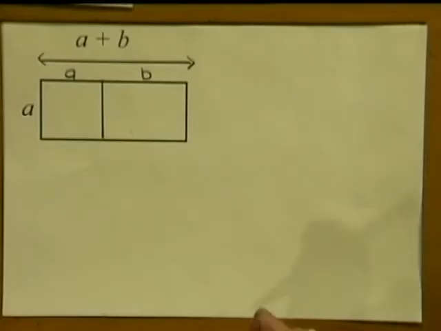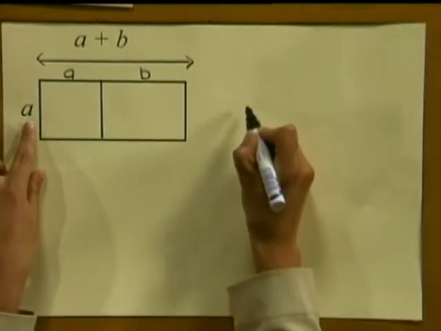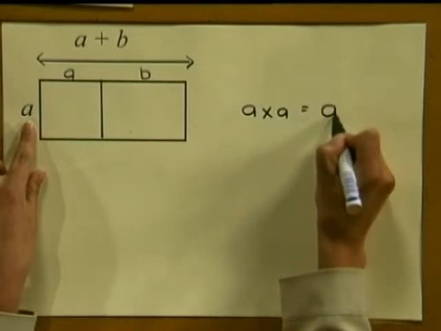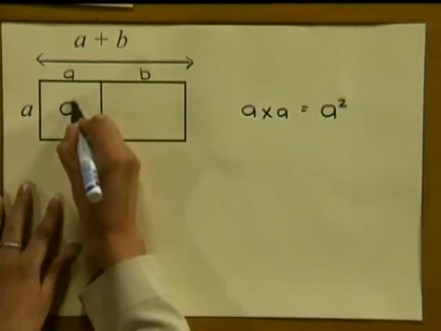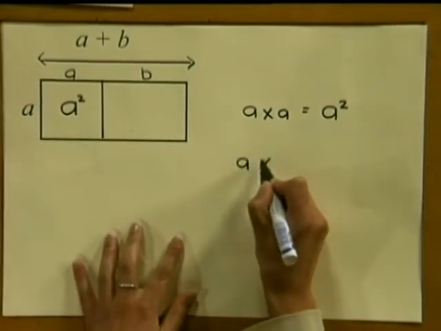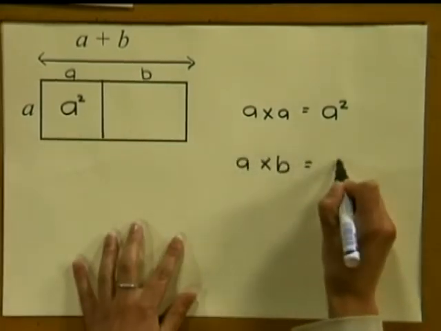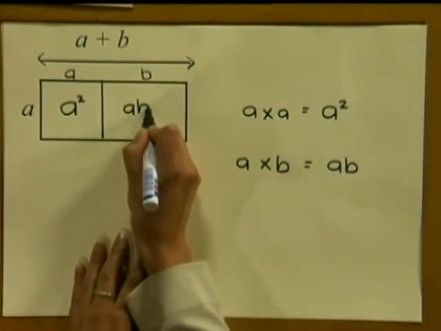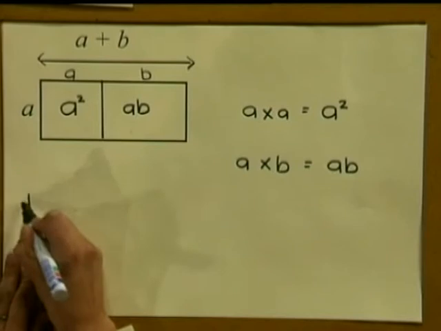Now, what is the area of the square on the left? Well, we know the formula is length times breadth. So we're going to have A times A, which would give us A squared. And that would be the area of this square. And then we're going to have A times B, which would give us AB. And this would be the area of this rectangle. So altogether, we have our total area.